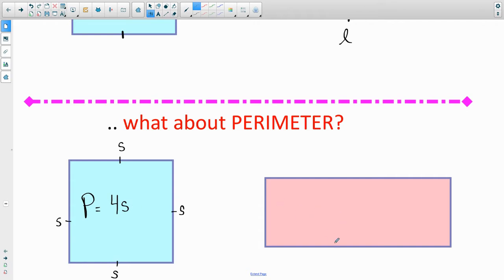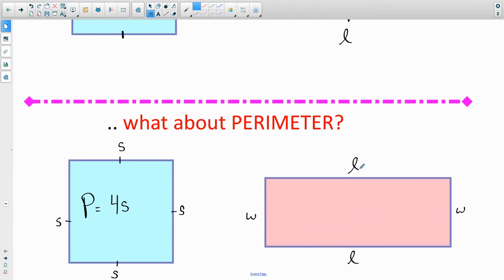Well, what about the rectangle? Well, the rectangle, as we said before, has a length and a width. However, the opposite sides are always going to be congruent in a rectangle. So that will also be the length, and this will also be the width.